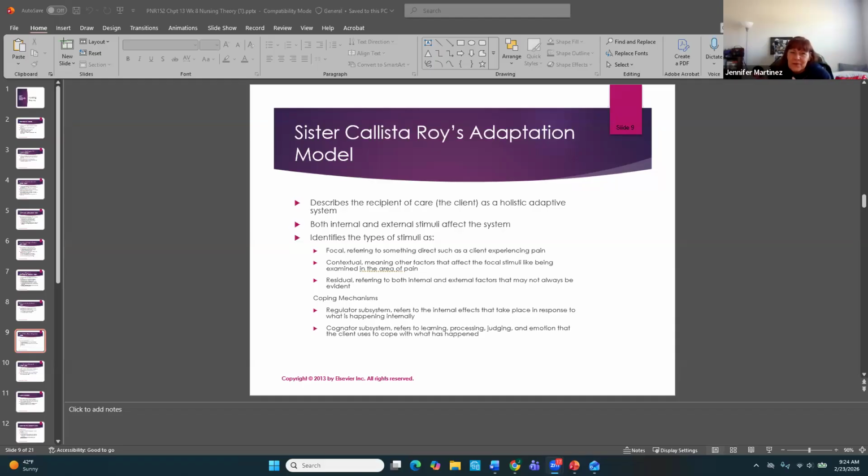We want to feel it, we want to poke it, we want to see what's going on. That touching and feeling is the contextual. And then the residual. The residual is the internal and external factors that may not always be evident.